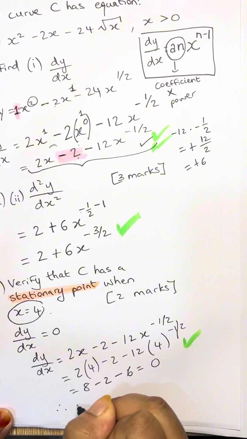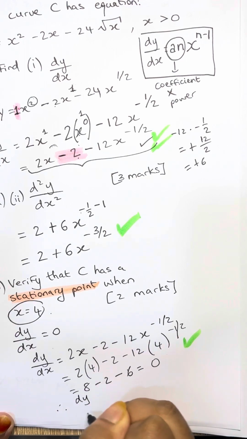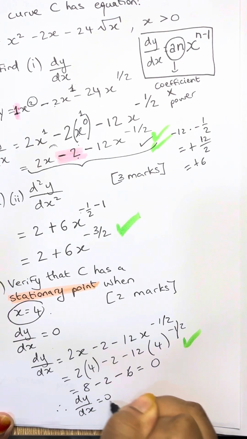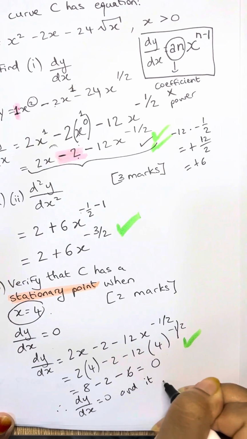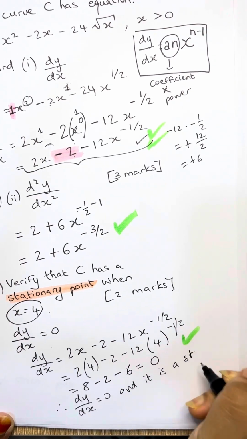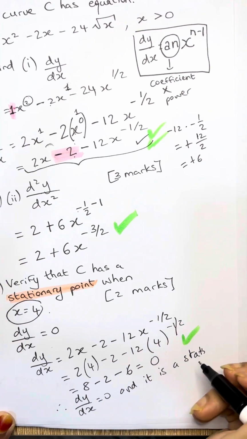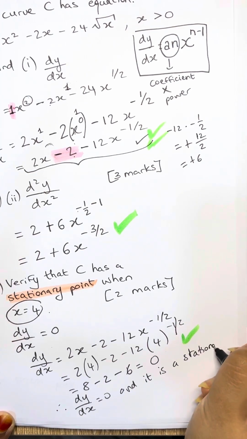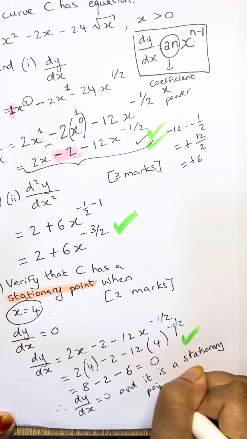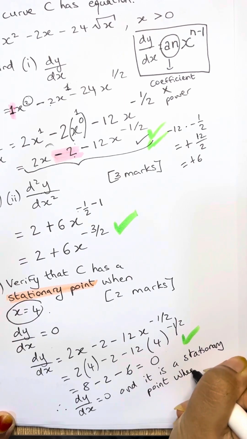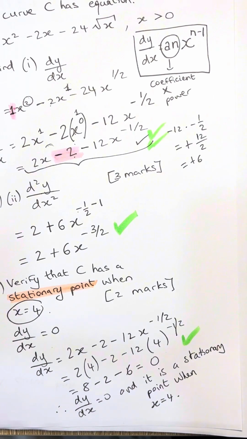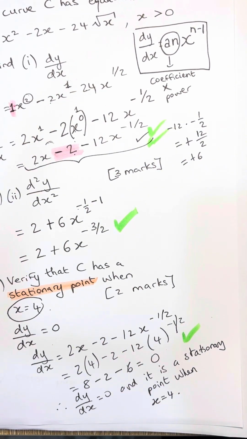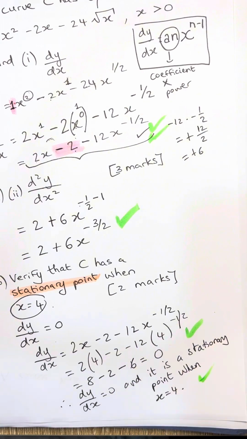So therefore, dy by dx equals 0, and it is a stationary point when x equals 4. Yeah, and that's a statement which is going to give you a full 2 marks. Okay, make sure you write it down like this.